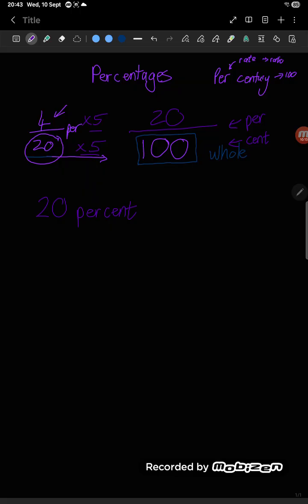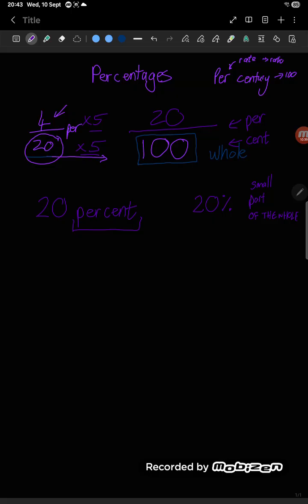But we wanted to make this even smaller because we wanted to give a button on our calculator, a symbol that represents that. So we said 20%. Now, 20% is a small part of the whole.